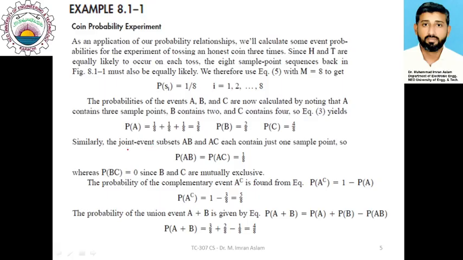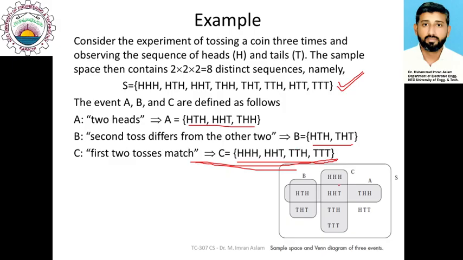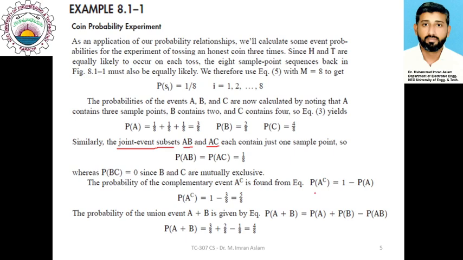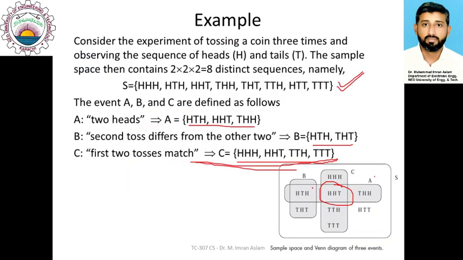If I ask you to calculate the probability of joint events, which are A and B, and A and C, recall that I just mentioned that A and B corresponds to A intersection B, and A and C corresponds to A intersection C. You can see that the intersection of A and C contains just one element. Similarly, the intersection of B and A also contains just one element.